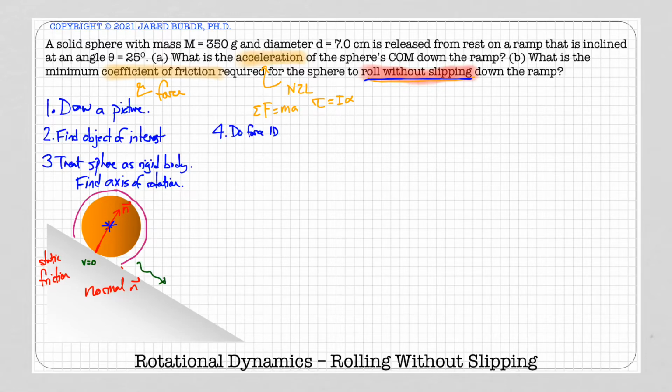And so we know that static friction would be acting uphill, acting against that direction of motion. So those are the forces associated with our point of contact with the surface there. That's the only point of contact. The other force that we have is due to the center of mass of the object, which should be at the geometric center, and the weight is going to act downwards at the center of mass of the object.